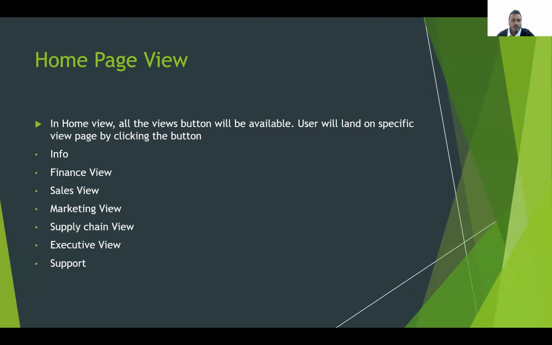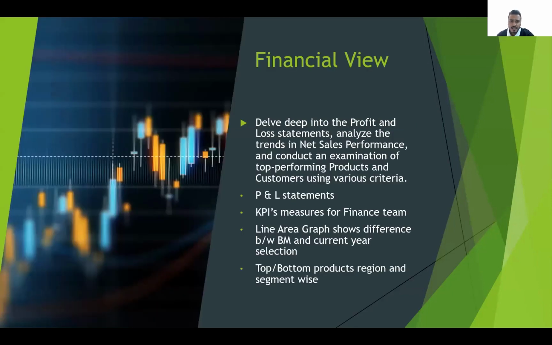There are a couple of views we have, like a homepage which shows the basis of the project dashboard. It gives you a finance view, sales view, marketing, and supply chain. It's easier for customers to access as well, because based on the icons, they can pick the view they would like insights on. In finance, we mainly have profit and loss statements, year over year.